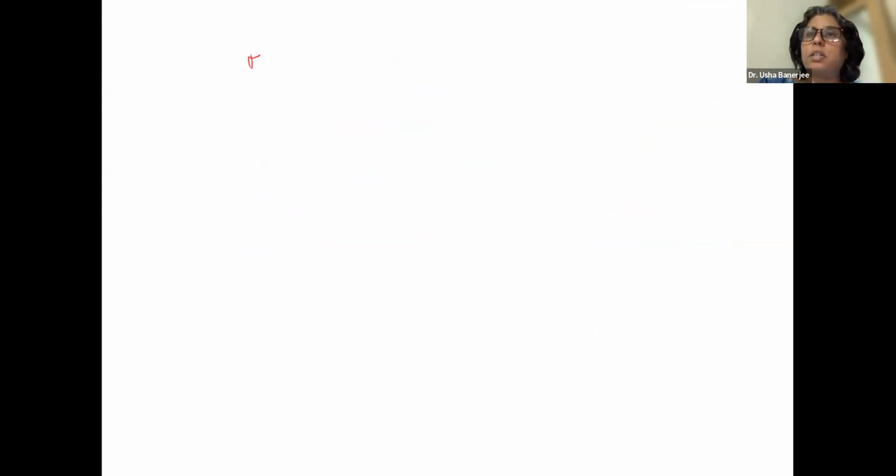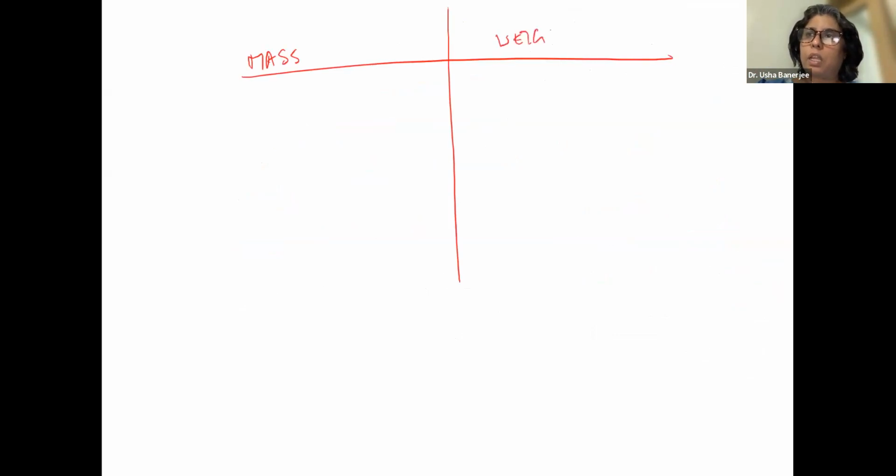So what is the difference between mass and weight? I told you what is mass. Mass is the amount of matter, yes, Ruma, present in a body.